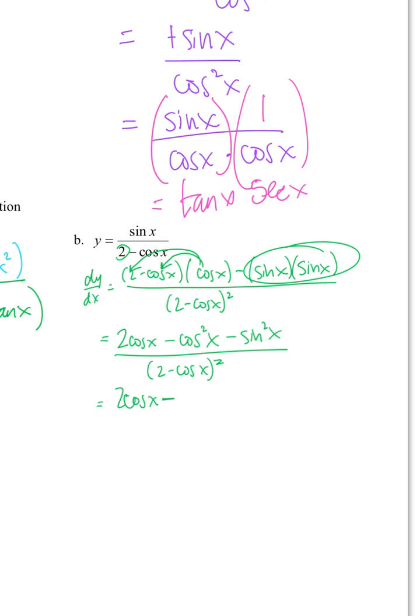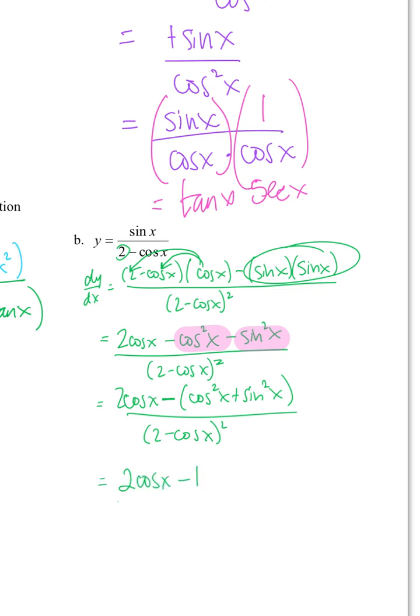If I factor out a negative out of these two terms, it looks like this: cosine squared x plus sine squared x. And now the stuff that's in the top parentheses is 1. And I end up with 2 cosine x minus 1 over 2 minus cosine x quantity squared. Okay, again, algebra, algebra, algebra.